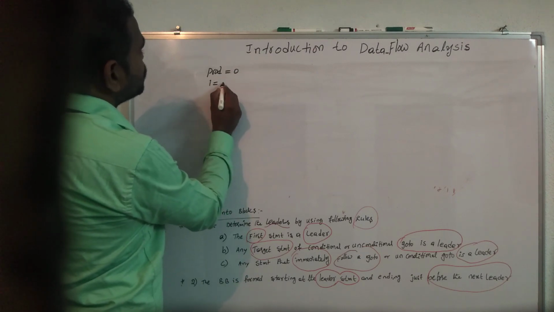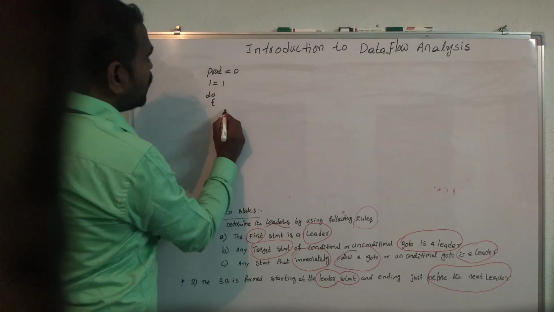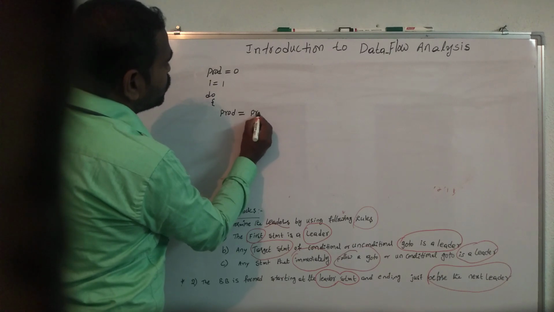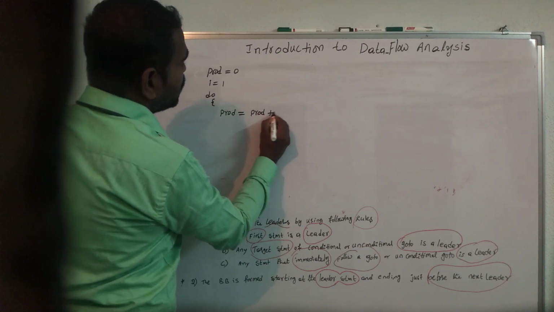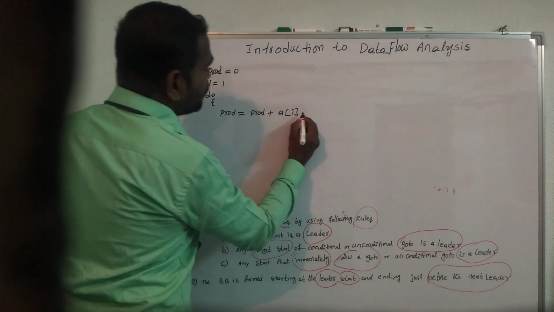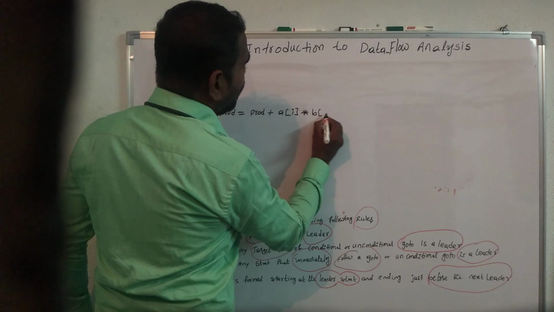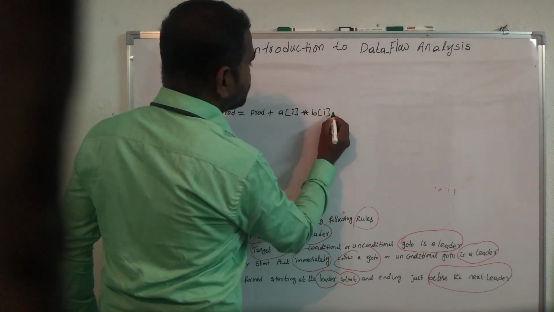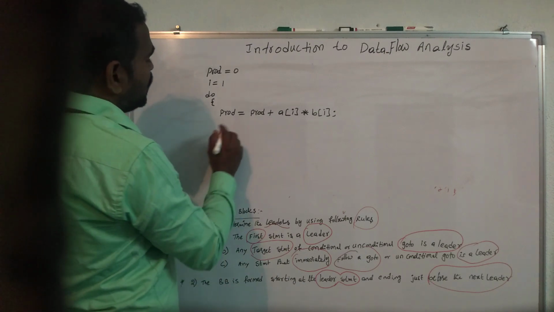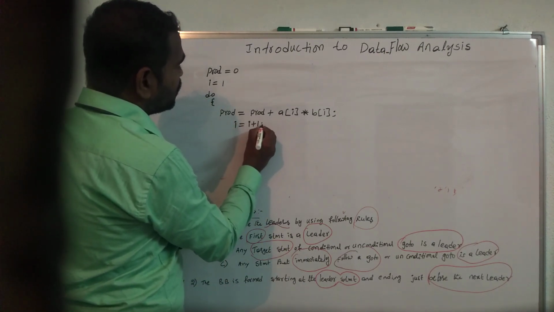Now I is equals to 1. Next, do: product is equals to product plus a of I into b of I. These two subscripted values I want to evaluate here. So next I is equals to I plus 1.